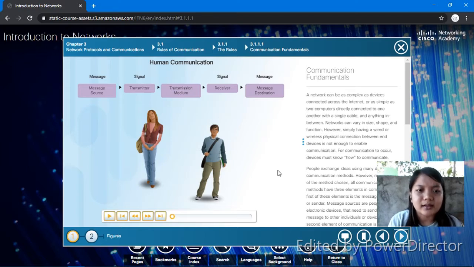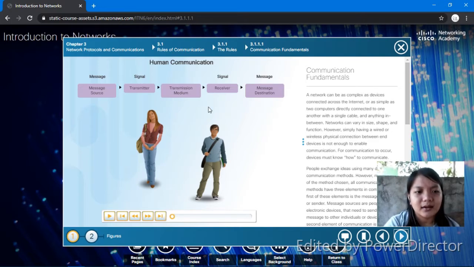Networks can vary in size. So, human communication, I will explain this one. The message, then the message source, the transmitter, then the transmission medium, then the signal, the receiver also, and the message destination.